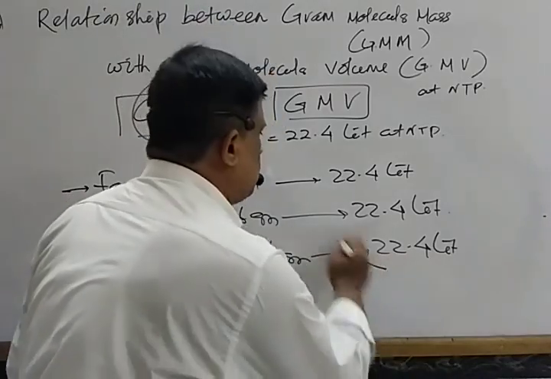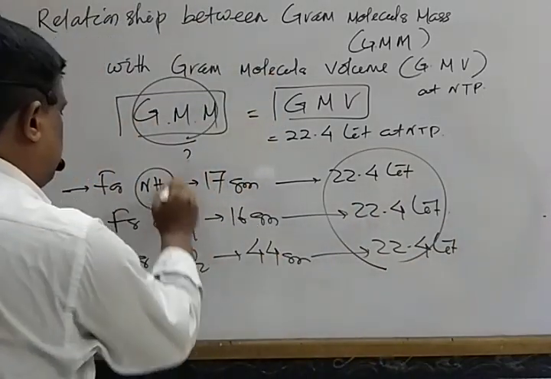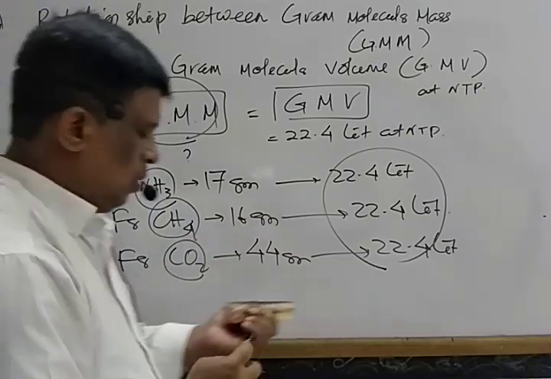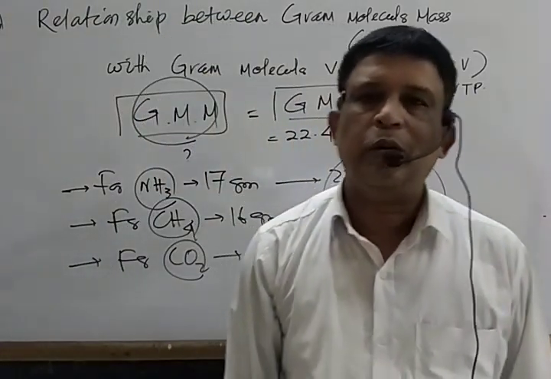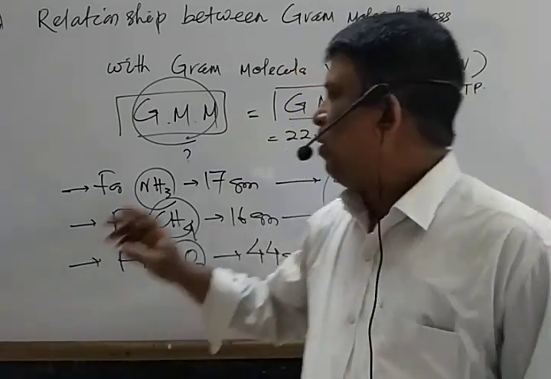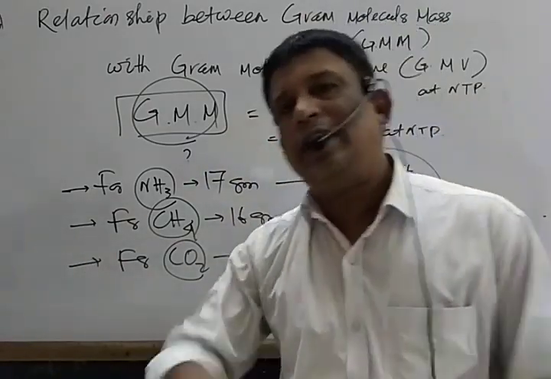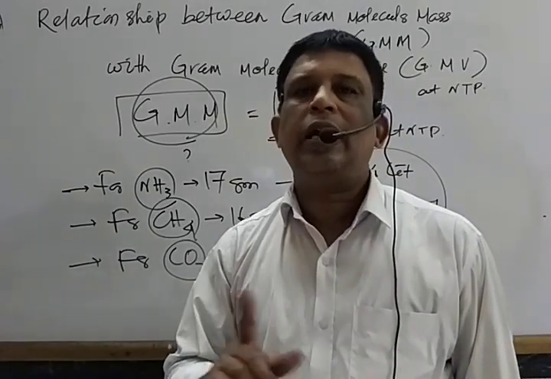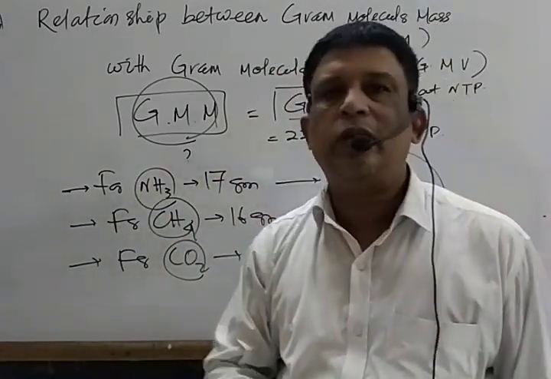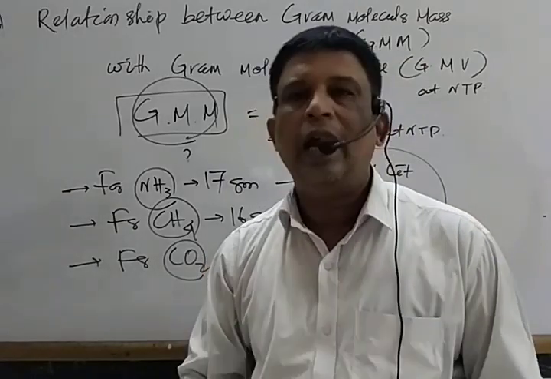So this is always fixed, but this one is variable depending upon the types of atoms present in one molecule. So now from this relationship, let us deduce the formula first, then the question, then try to solve it.